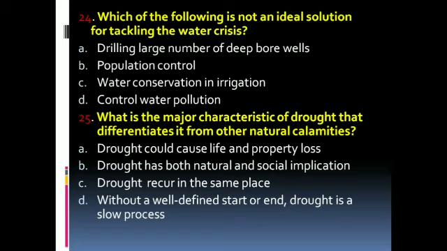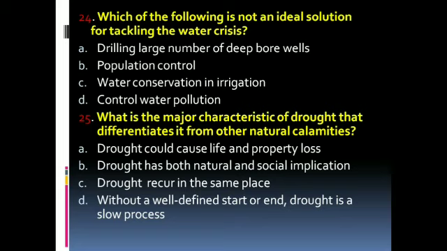So the question is about not an ideal solution. We are not talking about solutions, we are talking about not an ideal solution. So therefore, drilling large number of deep bore wells is the right answer here.